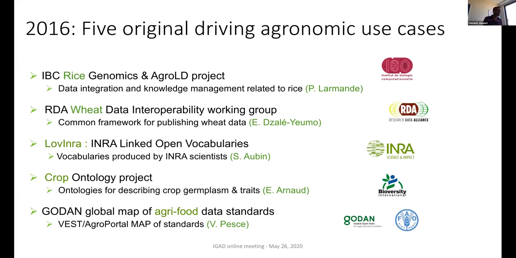And so we offered the group an environment in which they can access only the wheat-related ontologies and vocabularies, and that was one of the use cases. We can also mention the vocabulary developed by INRAE in France, or the different crop dictionary developed by the Crop Ontology Project, also developed by Bioversity International.